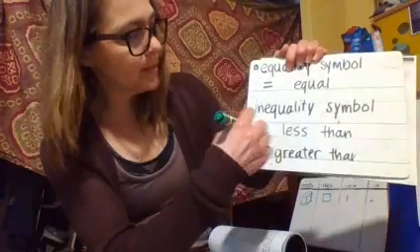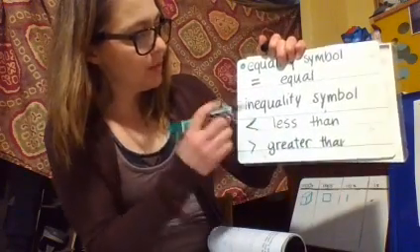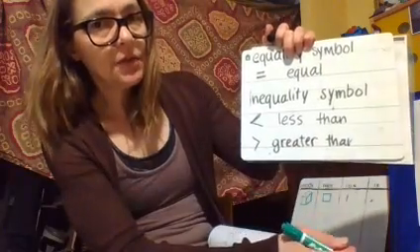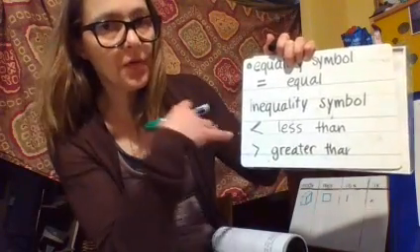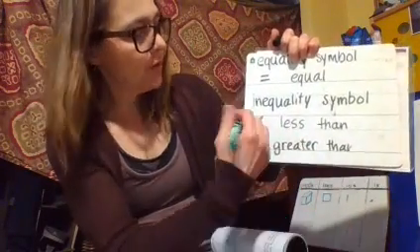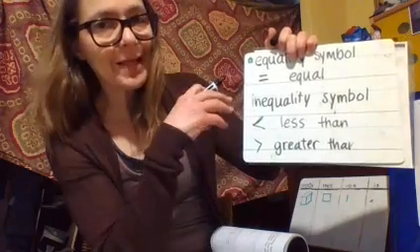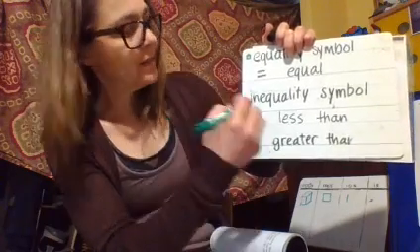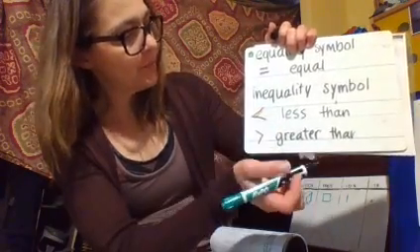Okay, and when you write less than, you are writing it as you are reading the numbers from left to right, and you're comparing the left number with what comes after. So if the left number is less than, you would use this symbol.